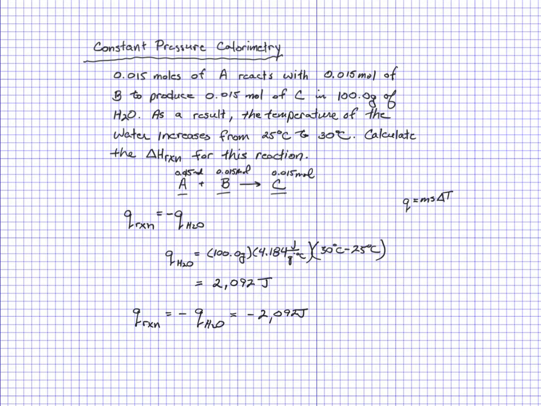So remember, the enthalpy of the reaction is the amount of heat that is either released or taken in per mole of reaction. So what we're talking about here is 0.015 moles of reactions.